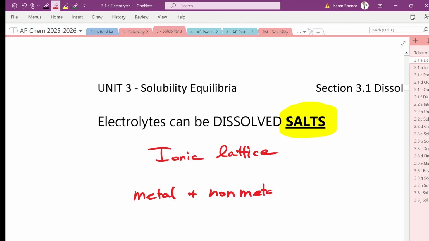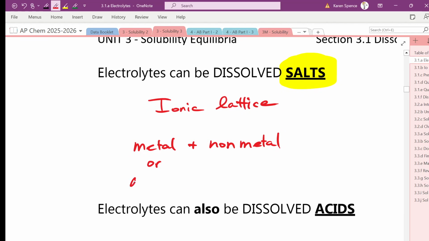Is that the only way to recognize it? No, there might be other things. Yes. Ammonium. And is there anything else we could have instead of a non-metal? Or a polyatomic ion.